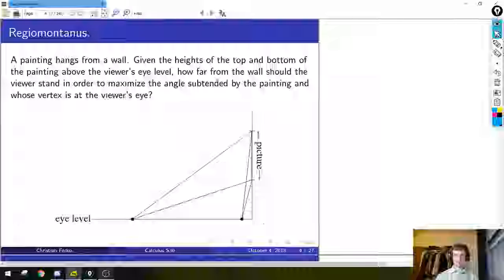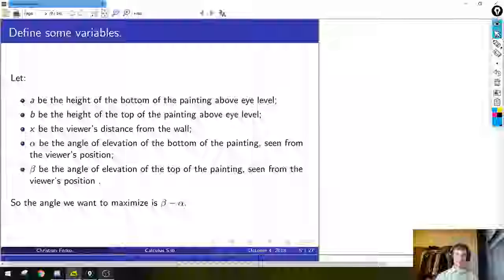So the first thing I want to do is throw some letters on it. Whenever you're given a problem statement like this, you should try to make it more concrete by giving names to all of the quantities. So I'll draw this on the previous one, but let's say A is the height of the bottom of the painting, B is the top, X is the distance from the wall of the guy, the dot.